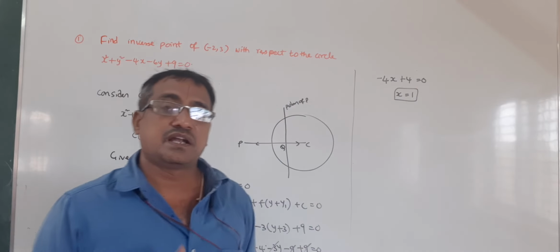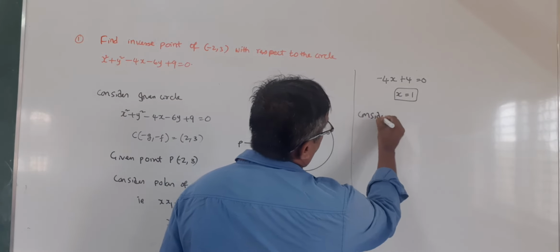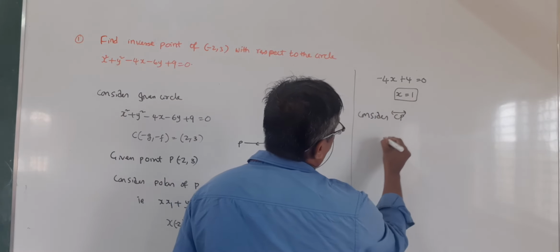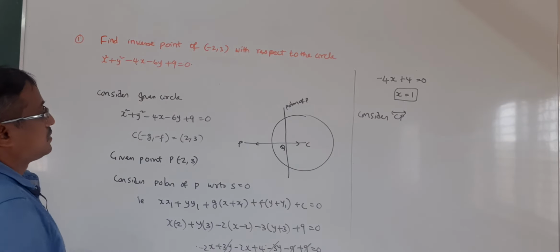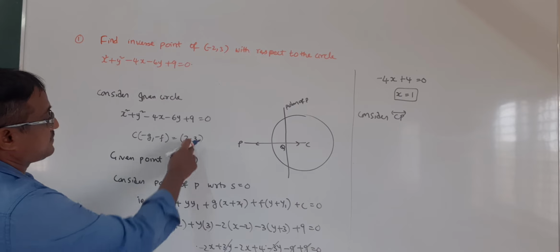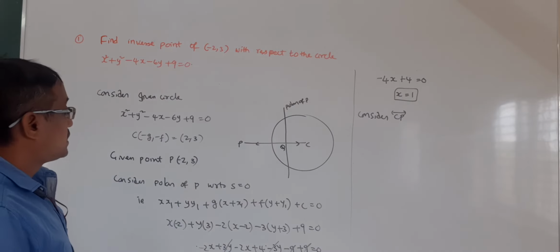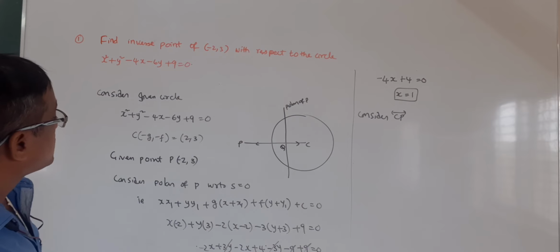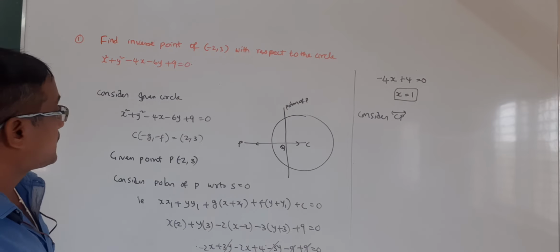Now let us find the line joining CP. Consider CP, the line joining CP. Now here the y coordinates are the same. Y coordinates are the same means it is a horizontal line.